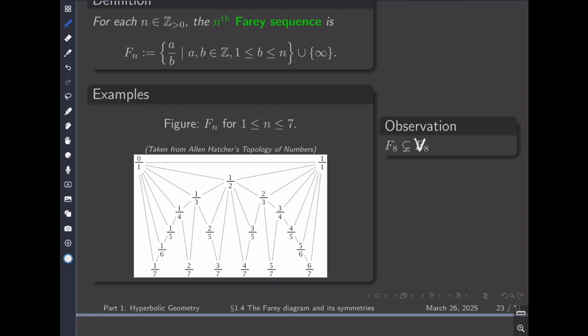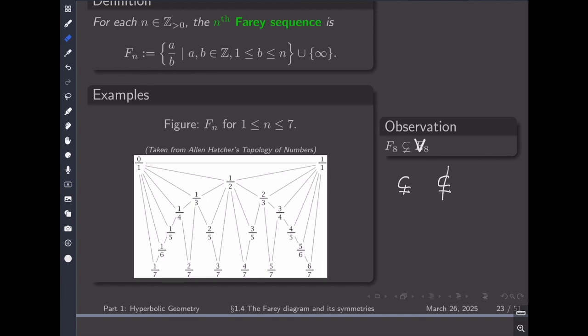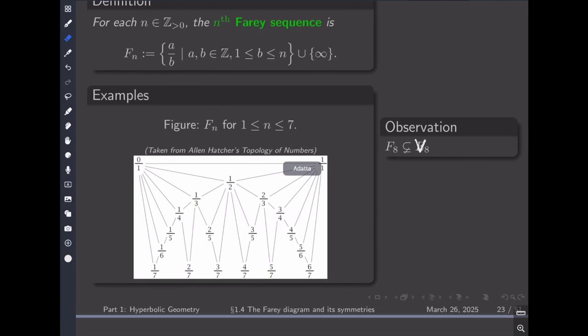It's contained and different. I mean contained but not equal. And this is what always happens, but it requires a proof.